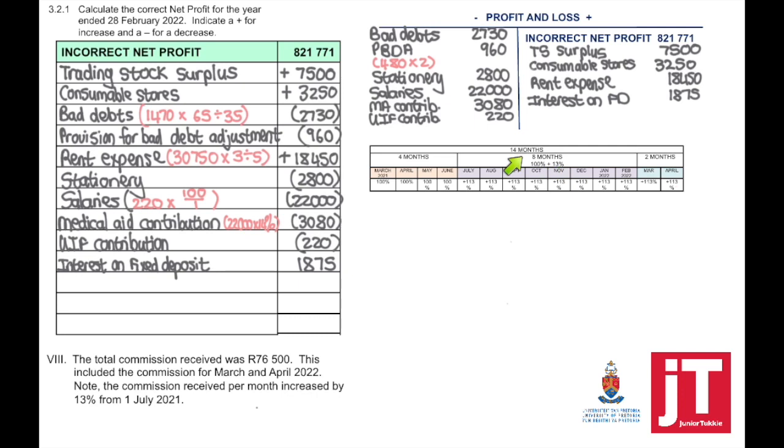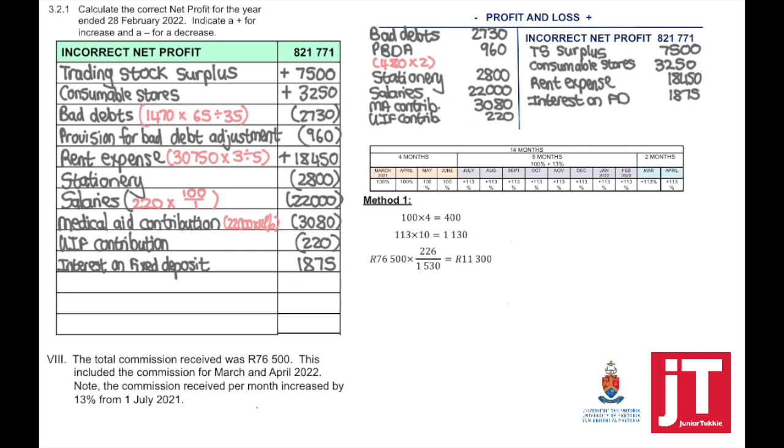This means that I need to now look at my accounting period. I cannot just take the 76,500 and divide it by 14. Why 14? 2 months was received in advance. The reason for that, from the 1st of July, the commission received increased with 13%.